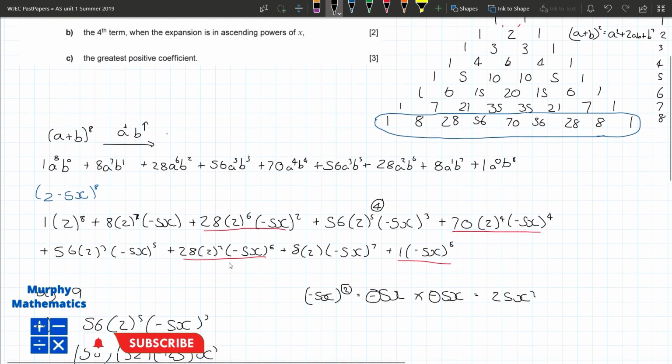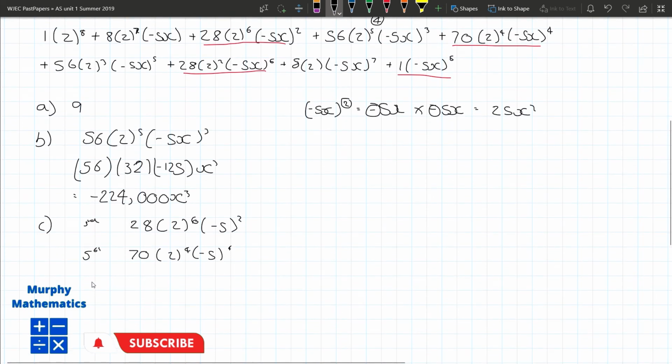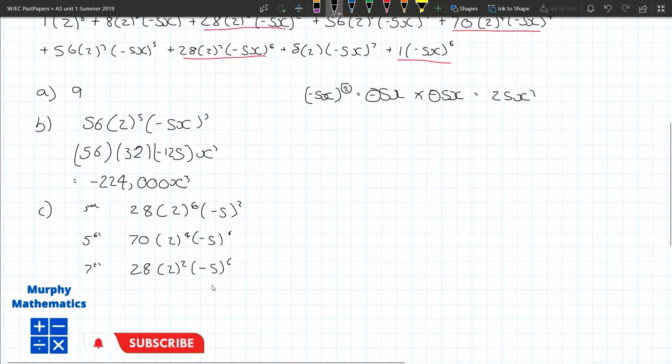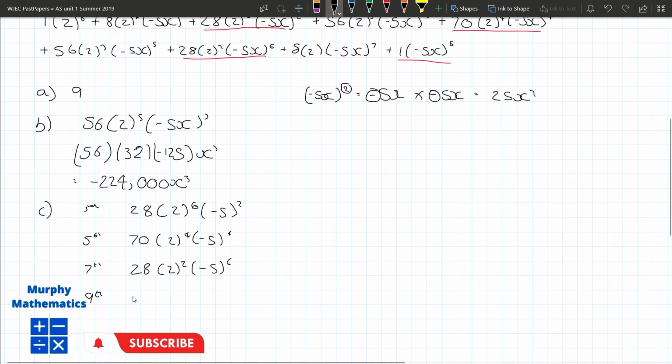Am I missing my x's? So for the greatest positive, no, I don't need my x's. So 7th term, which is 28, lots of 2 squared, minus 5 to the power 6. My 9th term will be just 1, lots of minus 5 to the power 8. So now just put those into a calculator.